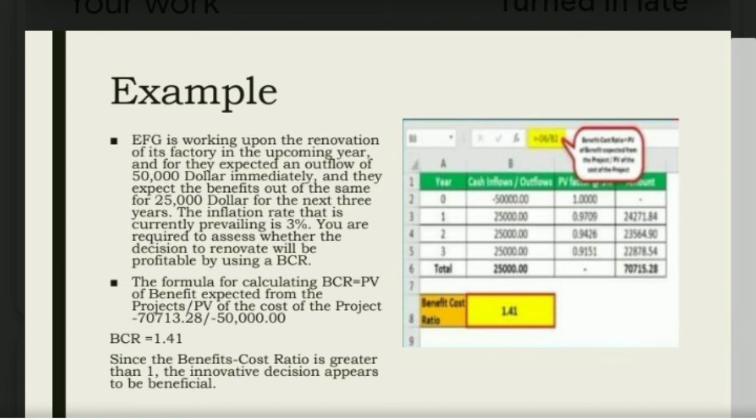Therefore, the benefit cost ratio can be calculated using the below formula: BCR is equal to present value of benefit expected from the project over present value of the cost of the project, which is equal to 70,715.78 divided by 50,000. So the BCR of this example number 1 is 1.41. Since the benefit cost ratio is greater than 1, the renovation decision appears to be beneficial.